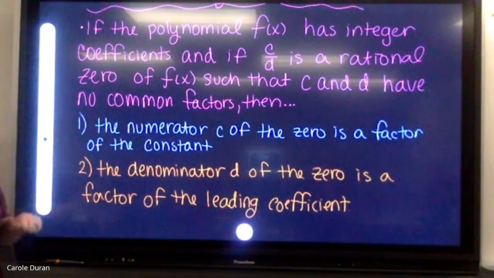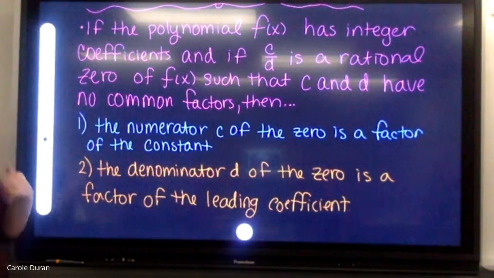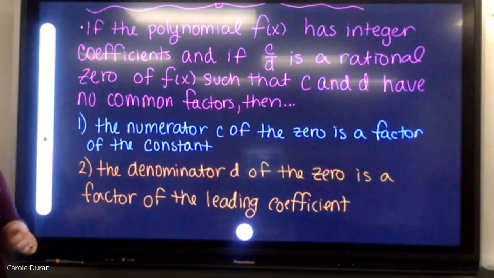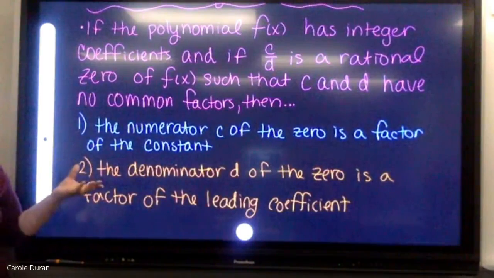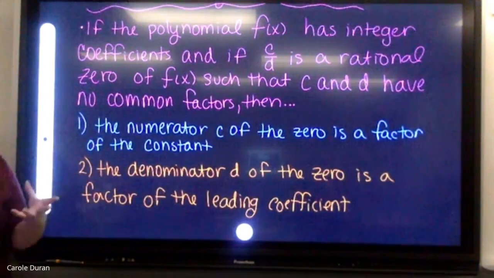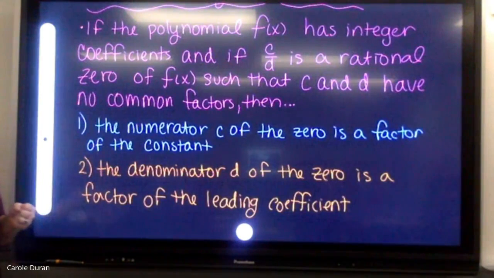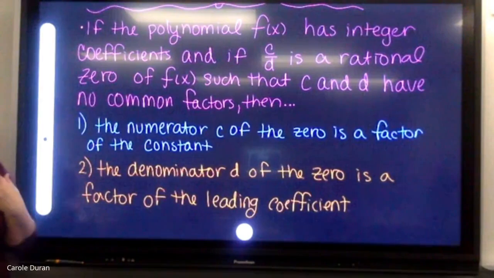And the denominator d of the zero is a factor of our leading coefficient, so the number on the term of the highest degree. So basically, this is how we build our table of possible zeros, and then we narrow it down using all the things that we've already learned. This is also called the rational root theorem.